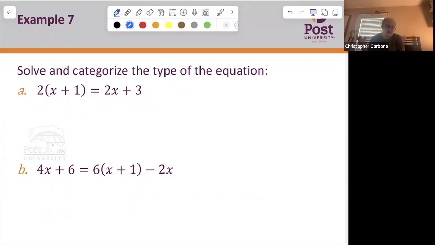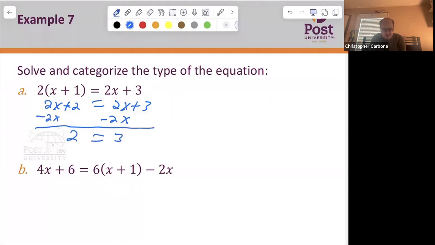We could distribute the 2 on the left-hand side and be left with 2x plus 2 is equal to 2x plus 3, which we could subtract the 2x to show it a bit better, potentially, by getting 2 is equal to 3, which is not at all accurate or true, right? So this will be an empty set solution, and to categorize it, this is going to be an inconsistent equation.